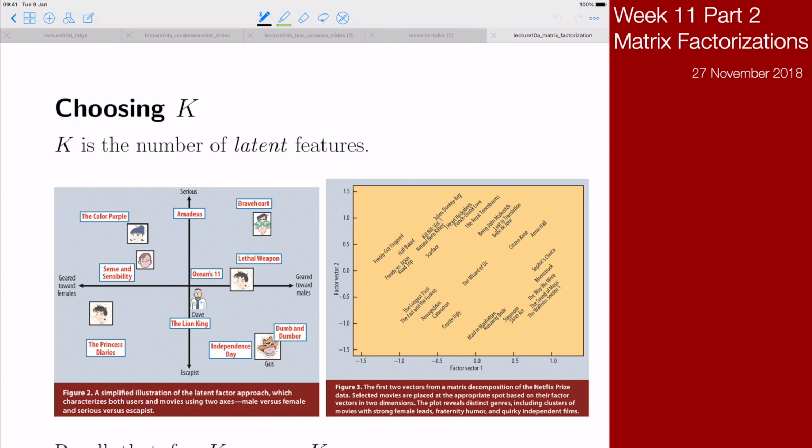So let's try to look at the features we learn. Does it actually work, or what are these optimal entries when I find a good W? Again, this is the movie matrix.